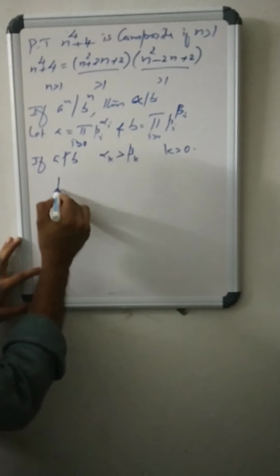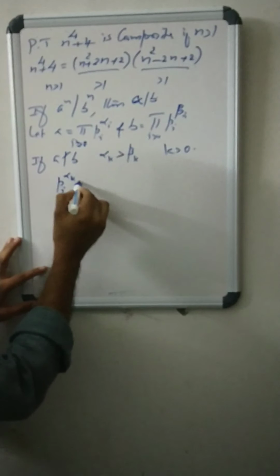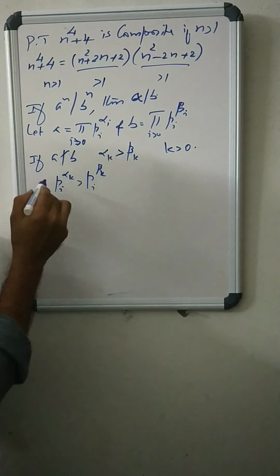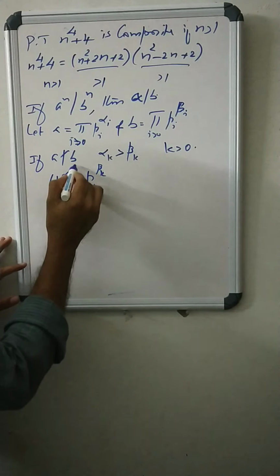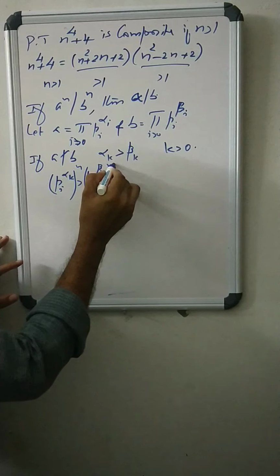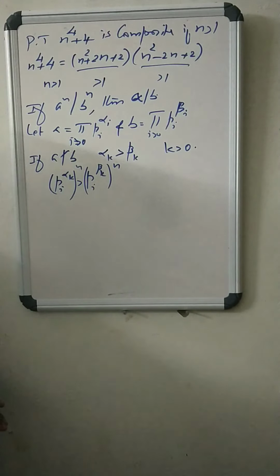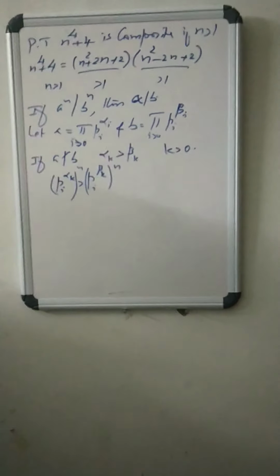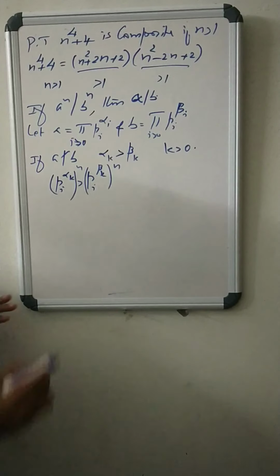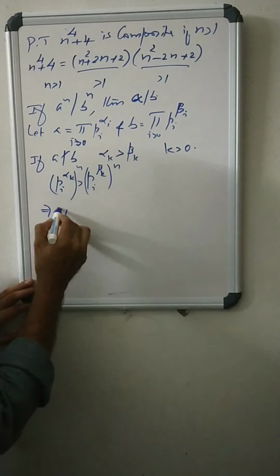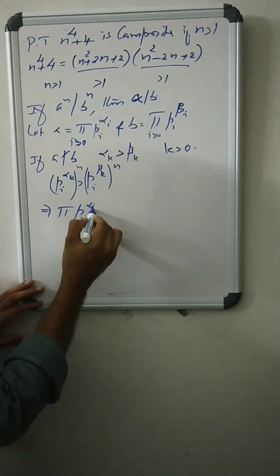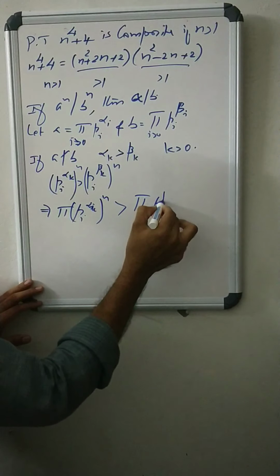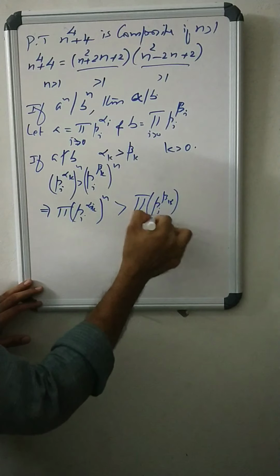Alpha k greater than beta k means pi power alpha k should be greater than pi power beta k. Thus, (pi power alpha k) all power n should be greater than (pi power beta k) all power n, and that means the product of (pi power alpha k) all power n is greater than the product of (pi power beta k) all power n.